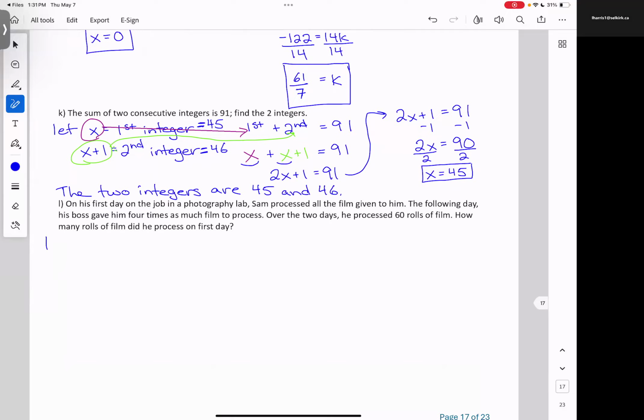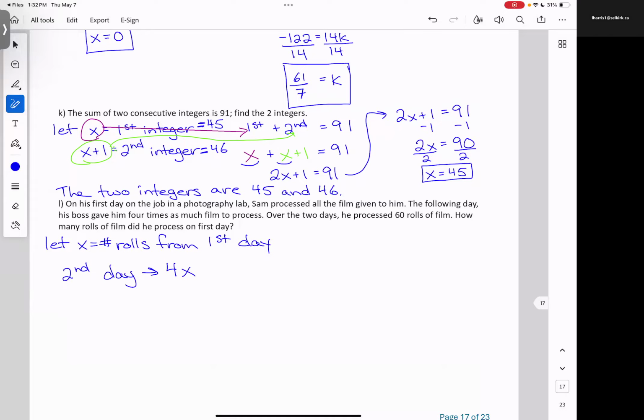So our mystery number we're trying to figure out, I'm going to call that X, is the number of rolls from first day. Okay, we know on the second day, he processed 4 times as much. So on the second day, he processed 4 times whatever X is.